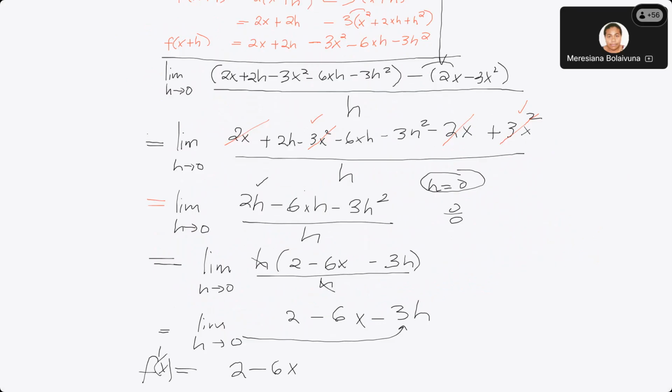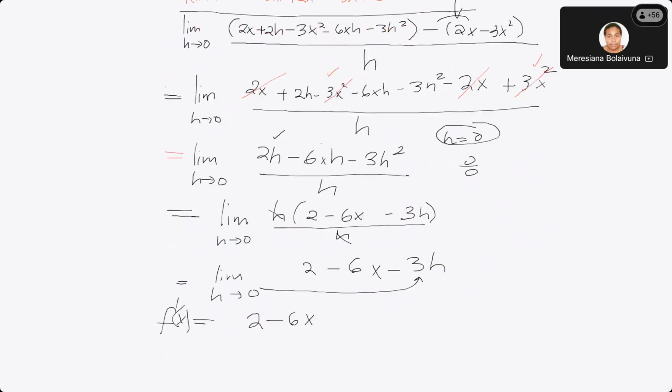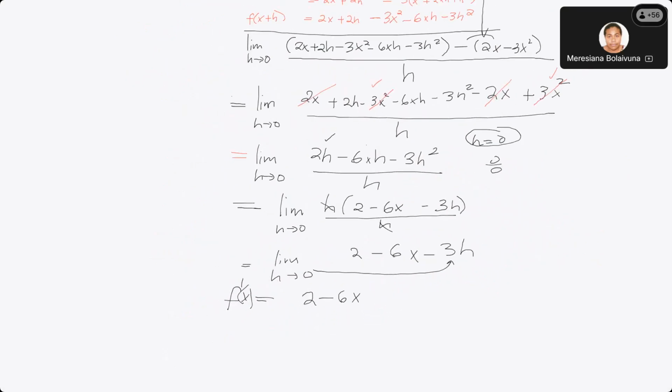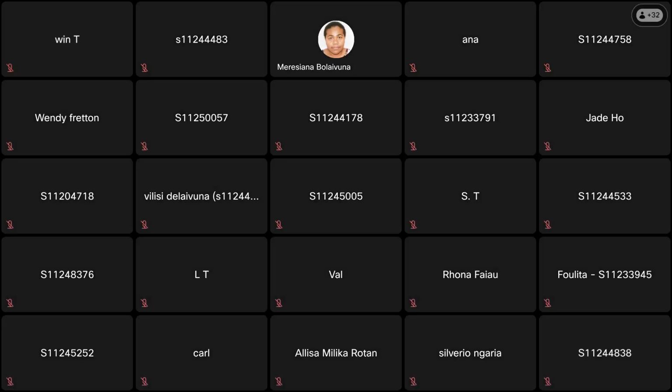Okay, let me point out a few things that I noticed in the short test. In the short test, these are some of the mistakes that students made.